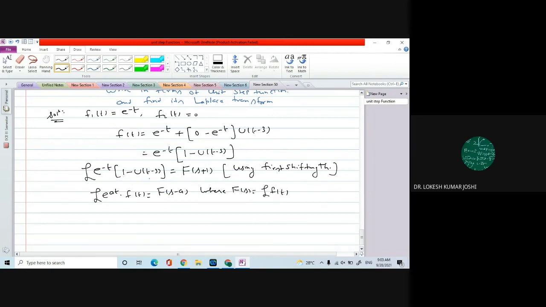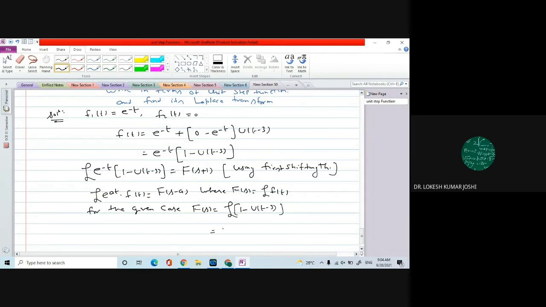In this case, our f(t) is 1 minus u(t minus 3). Therefore, for the given case, F(s) equals Laplace of 1 minus u(t minus 3).